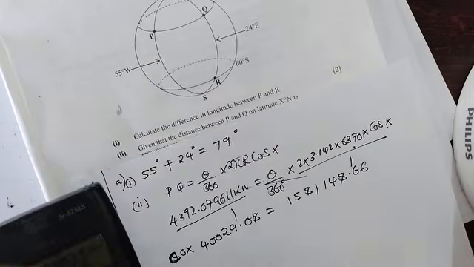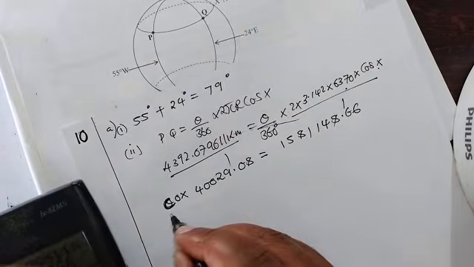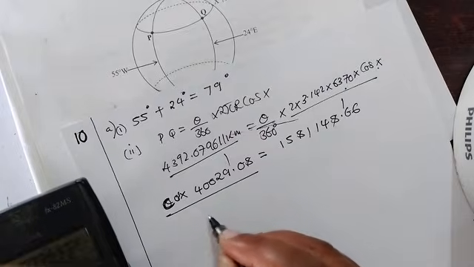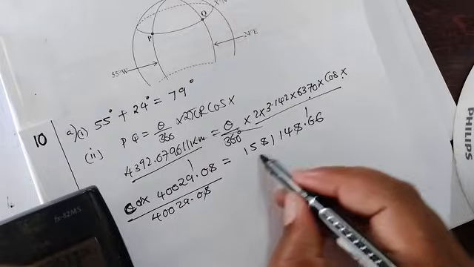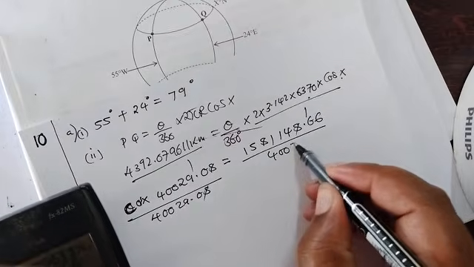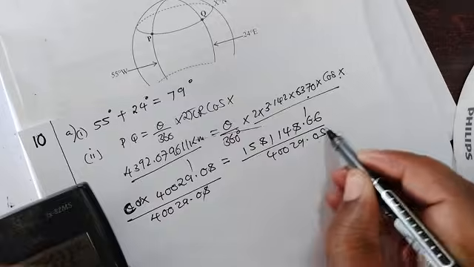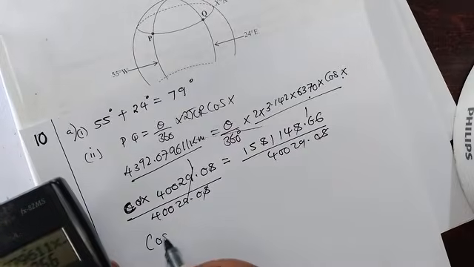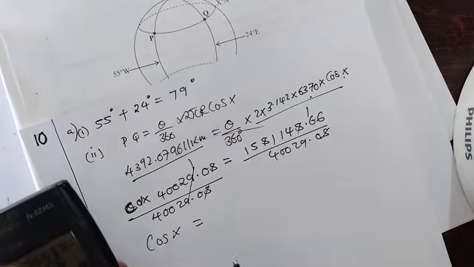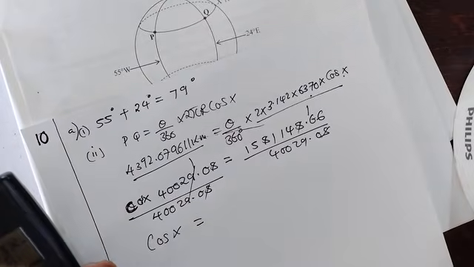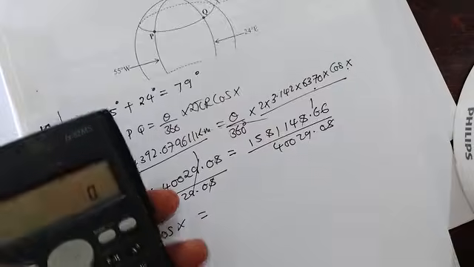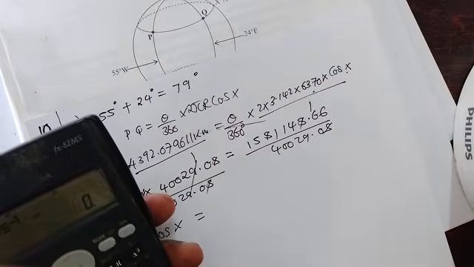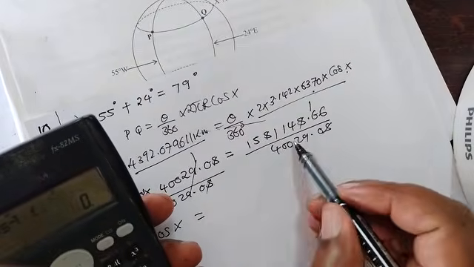So we divide both sides by 40029.08. Even here you have 40029.08. So this will cancel. So cos x is equal to this number divided by that. So now we need to say shift cos of what?